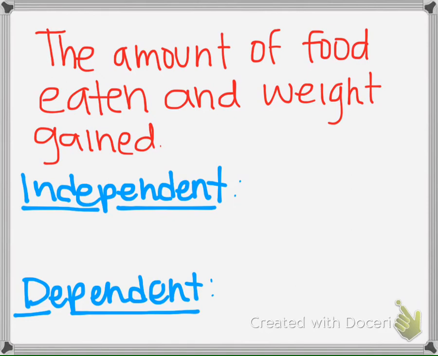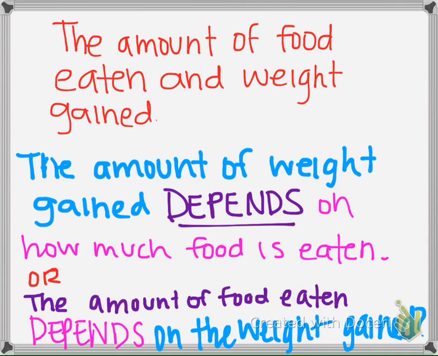Okay, let's look at one last example here. The amount of food eaten and weight gained. Let's go ahead and identify the independent and dependent variable. If we think of our statements here, let's think about which one makes more sense. The amount of weight that is gained depends on how much food is eaten.